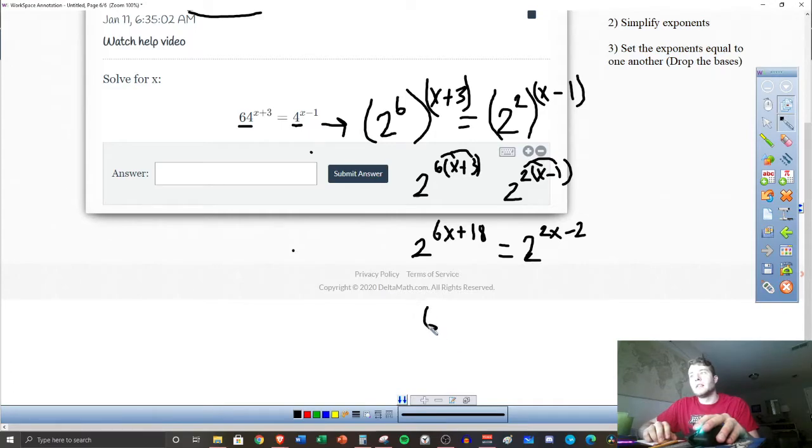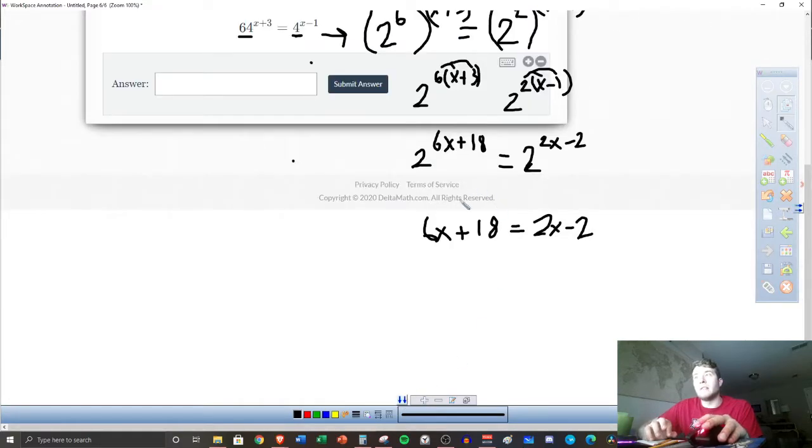So it's 6x plus 18 equals 2x minus 2. Now it's a two-step equation. This is middle school math here, or actually freshman year math. I'm going to move the 2x over to the left. I'm going to move the 18 over to the right through inverse operations. This goes away, this goes away.